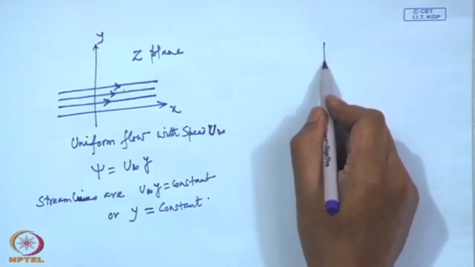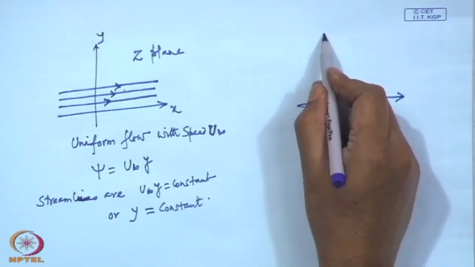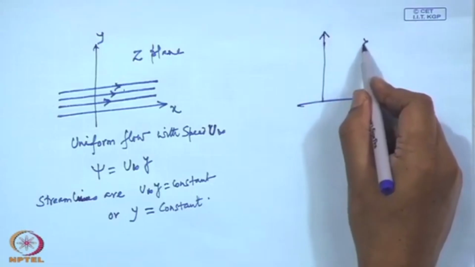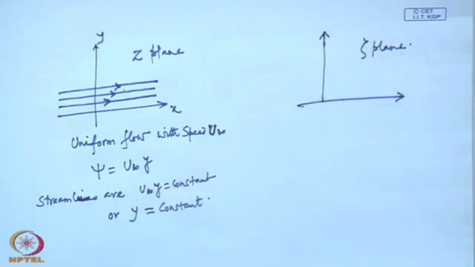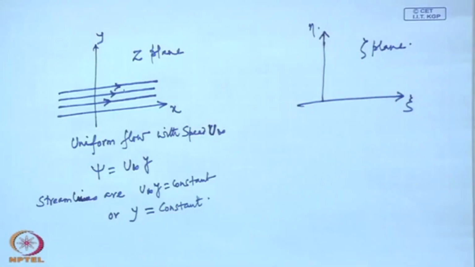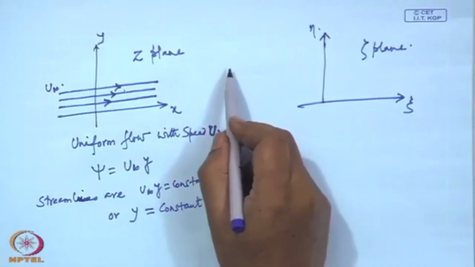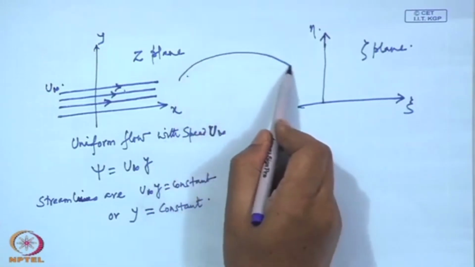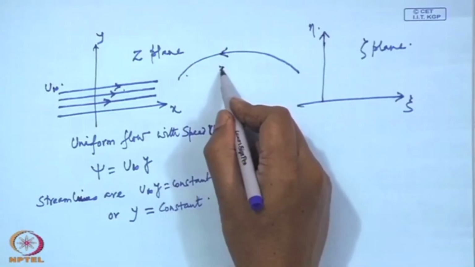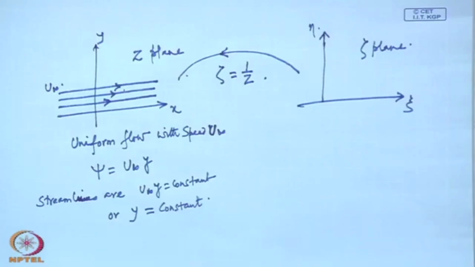Apply the transformation zeta equal to 1 by z. So, how will the streamlines look in the zeta plane?